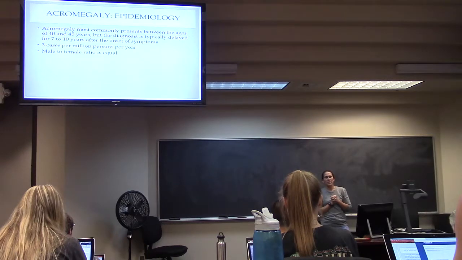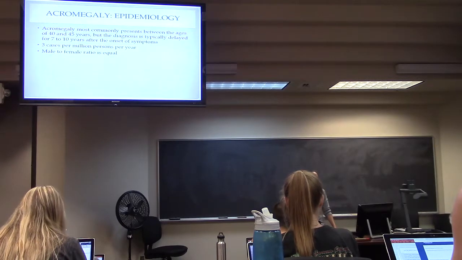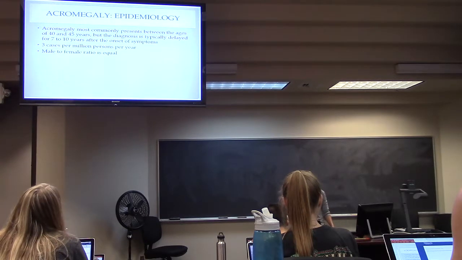And usually it takes several years, 7 to 10 years, before the diagnosis is actually made, because some of the complications or things that you see with this disease can just be missed, overlooked, put off onto other things as the cause. Now, once you get to those features of acromegaly, you're like, wow, yeah, that's definitely acromegaly. And I'll give you some pictures here.